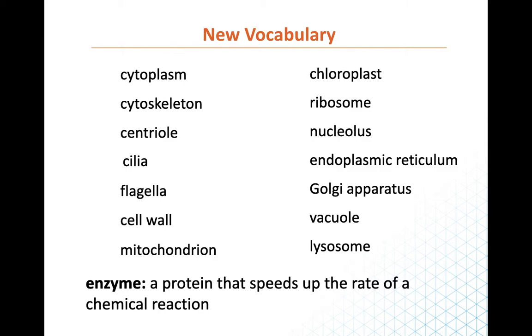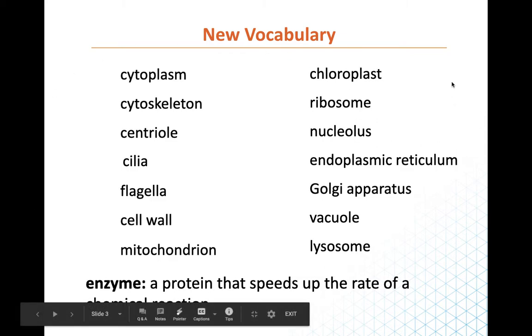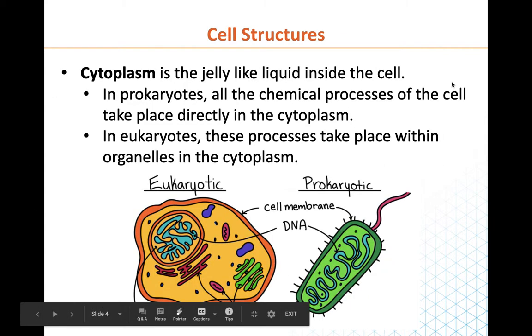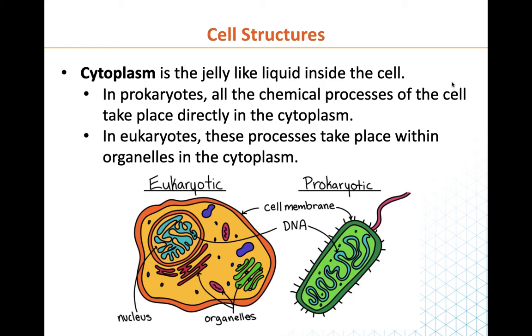All right, so you've probably seen a few of these words before, and we're going to get into what they are throughout this week. The first thing we're going to look at in the cell is not actually a structure. It's the jelly-like liquid found inside of every type of cell, okay? Cytoplasm is universal.